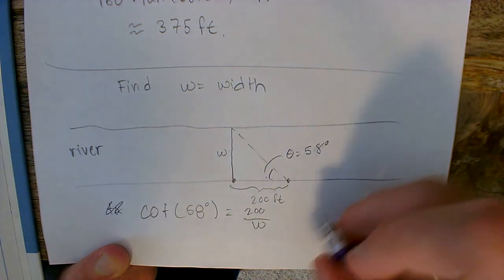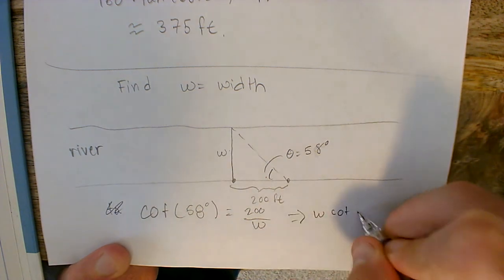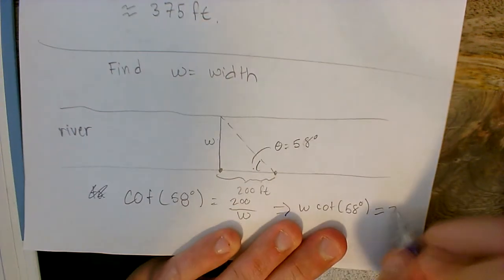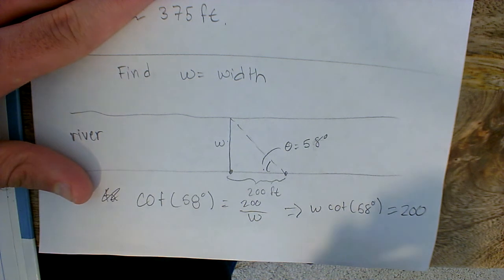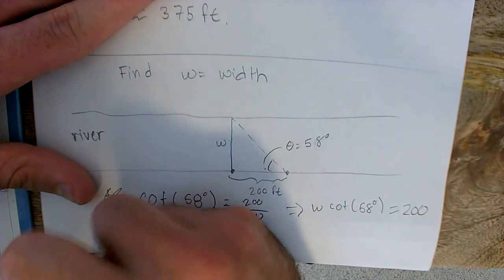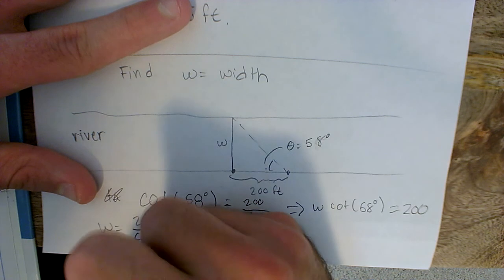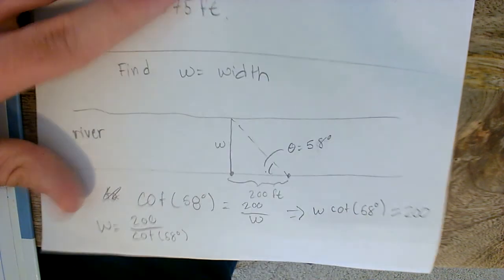So multiplying both sides by W, you get W times cotangent of 58 degrees is equal to 200. Dividing both sides by cotangent of 58, you get that W is equal to 200 divided by the cotangent of 58 degrees.